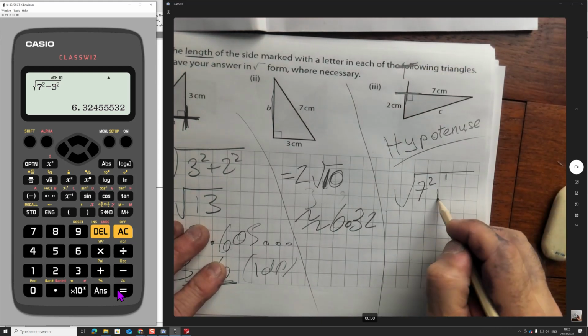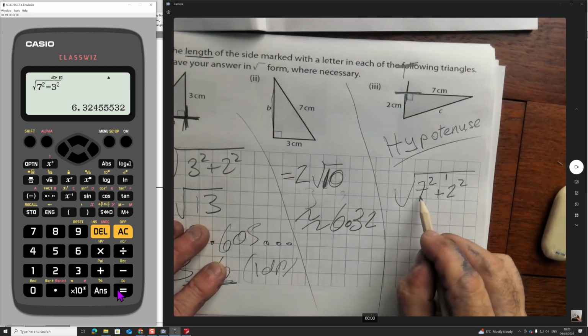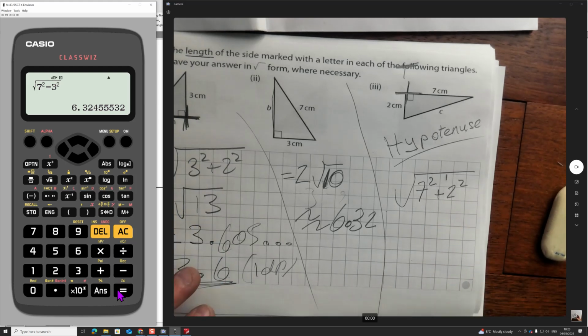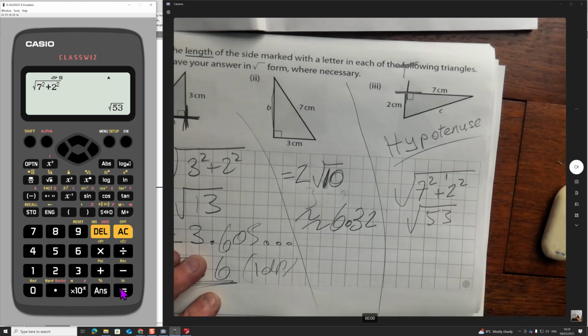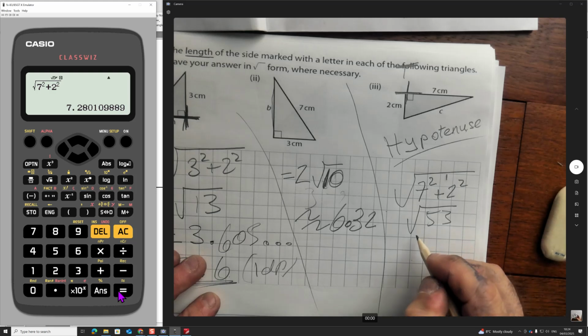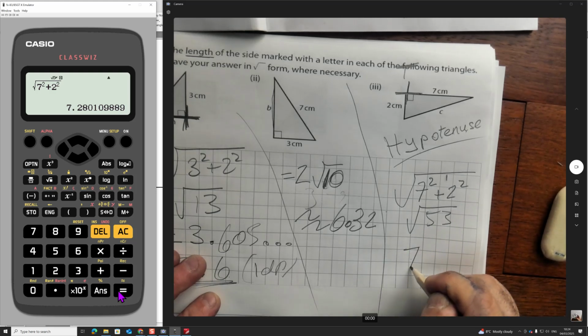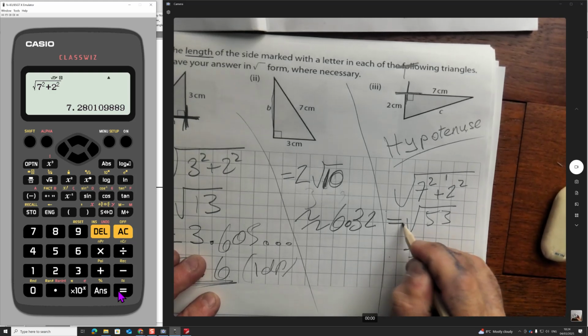So there are two cool things we can remember. 7 squared plus 2 squared, 49, and 2 is 4. Well, hang on a minute, I'll just use the calculator so we can get plenty of practice. Clear, root 7 squared plus 2 squared equals root 53. Shift equals.